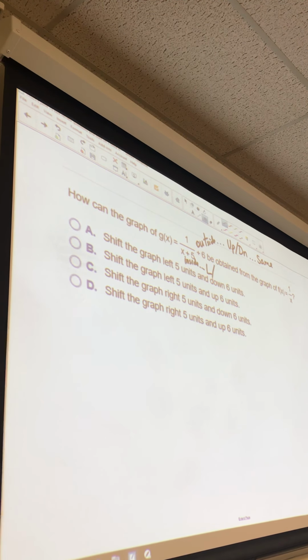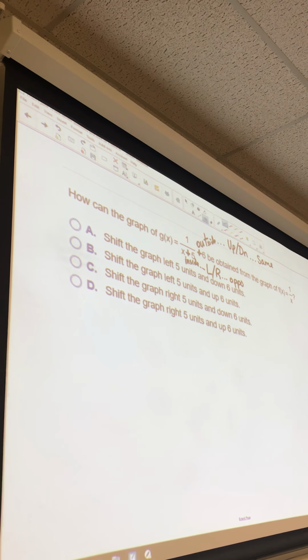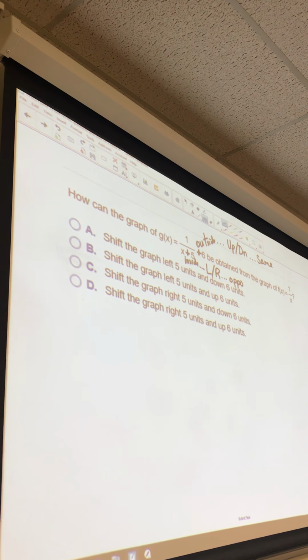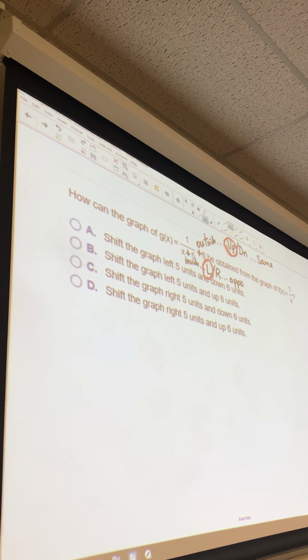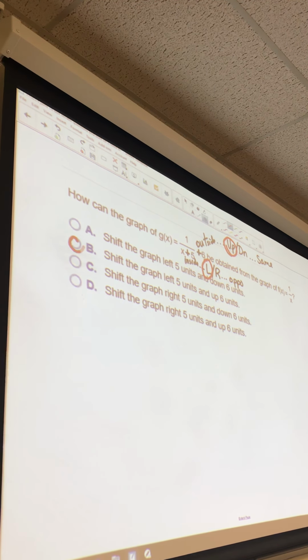It is the left or right, but it is the opposite of what we would think from the sign. So, what two things are those two numbers going to be doing? The 5 is left, and the 6 is what? Okay, yeah. So, which one says that? B? Left 5, up 6, yes.